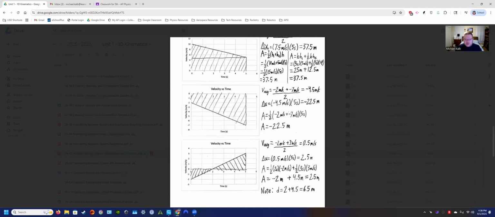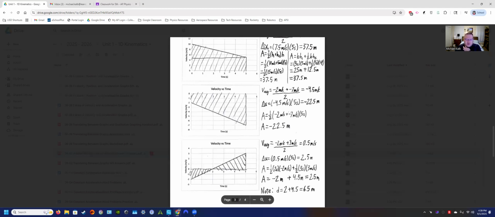So the average velocity of this would be, well, -2 plus 3 divided by 2, that's 0.5 meters per second, times the time, 5 seconds, that's 2.5 meters, or the area.